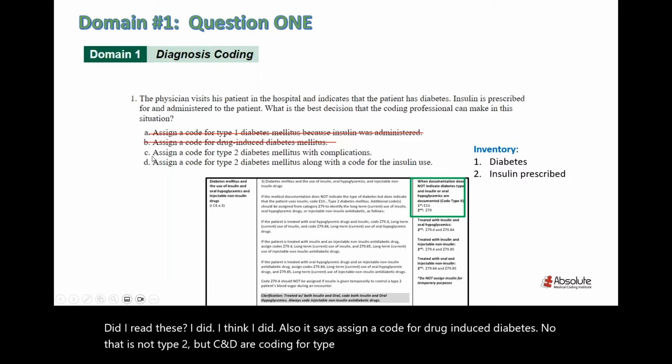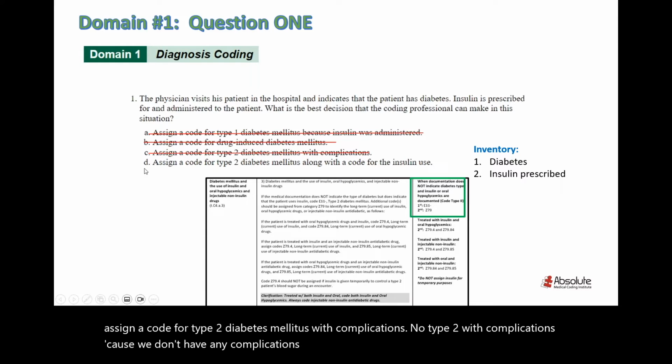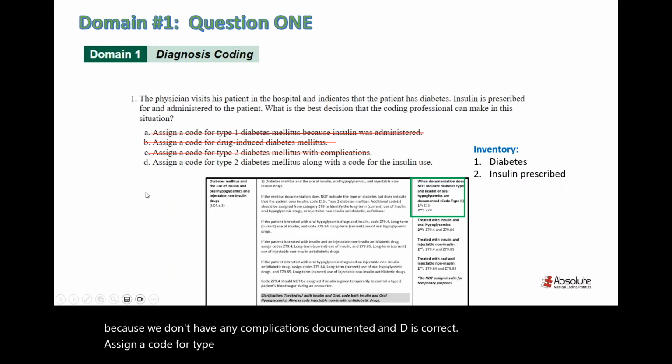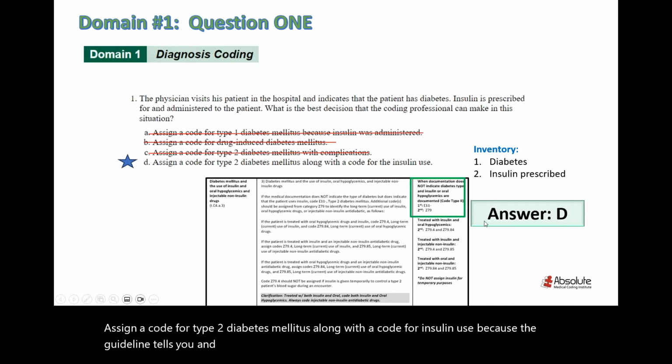We're going to get rid of C because it says type 2 diabetes mellitus with complications. No, we don't have any complications documented. And D is correct: assign a code for type 2 diabetes mellitus along with a code for insulin use, because the guideline tells you. And if you said D, outstanding.